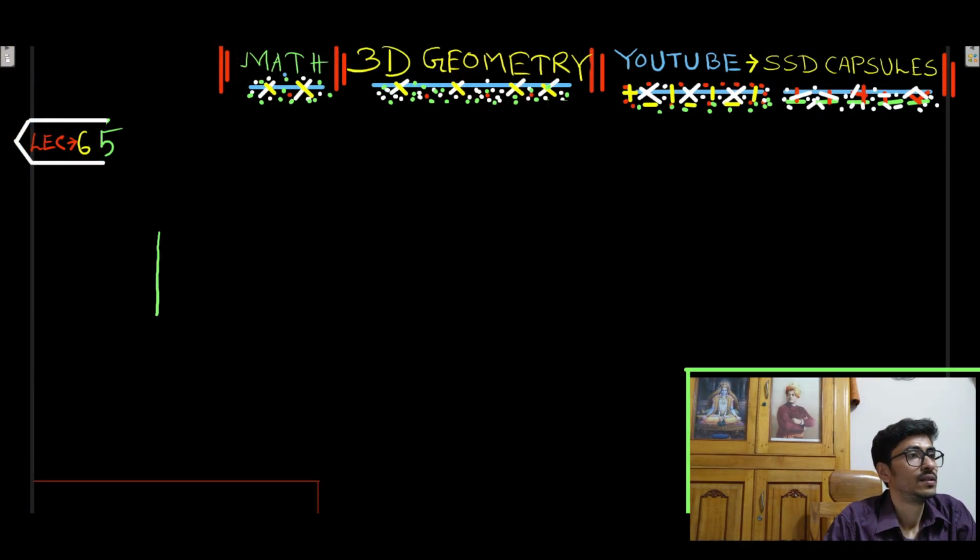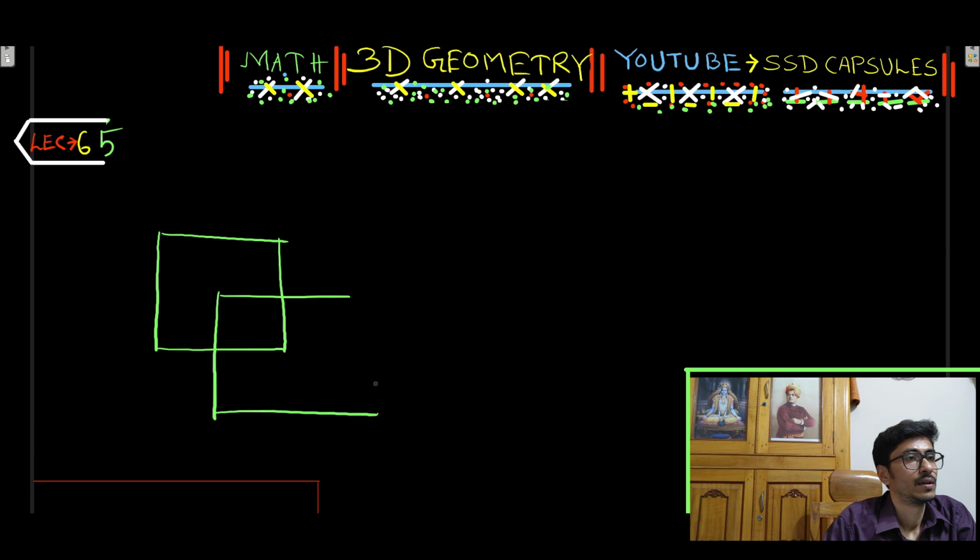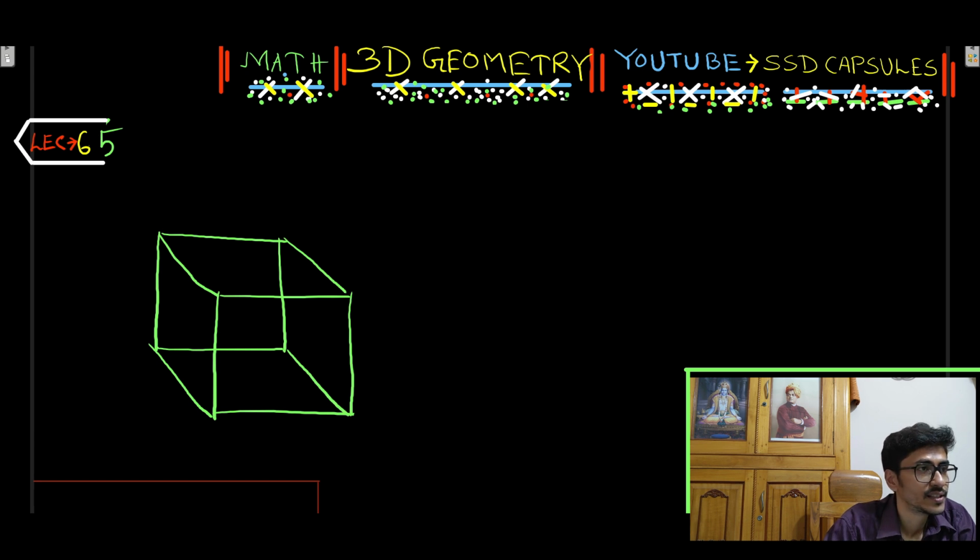So suppose this is a unit cube. Consider this point as the origin of this cube, named as O, and this one take as x-axis.